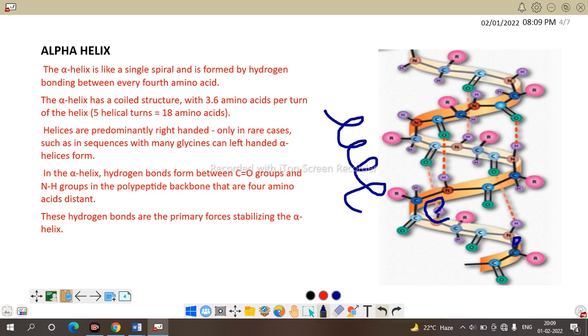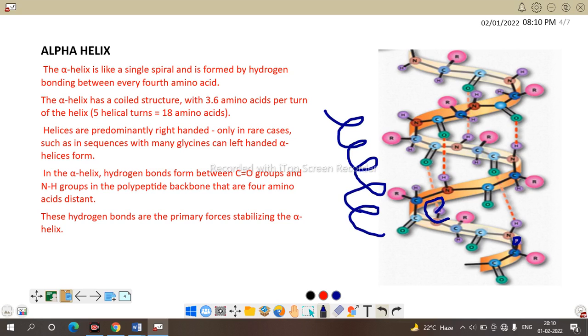Here is also such an arrangement, in a coil form, and within this coil one turn contains 3.6 amino acids per turn of the helix, and 5 helical turns equal 18 amino acids.